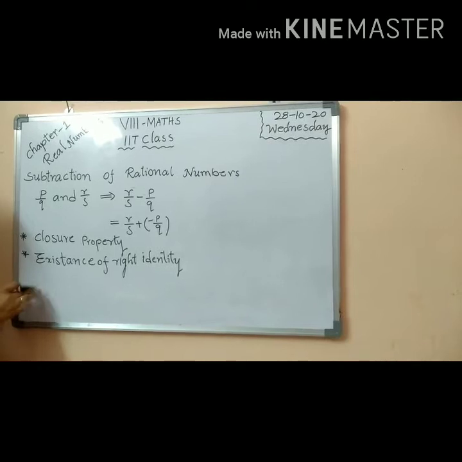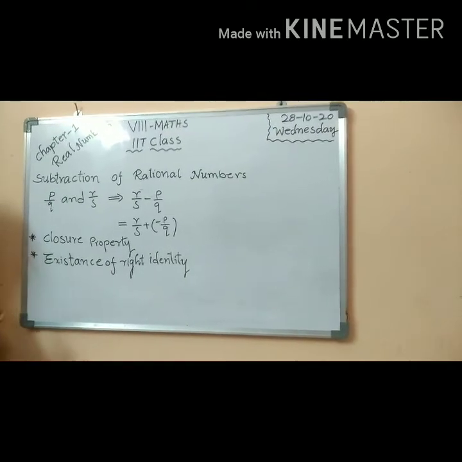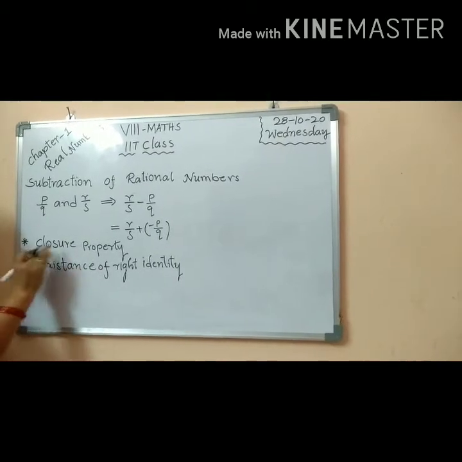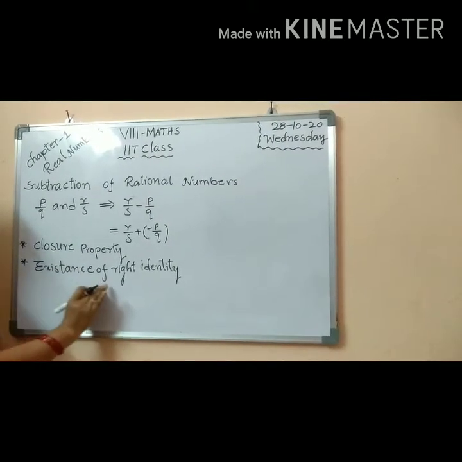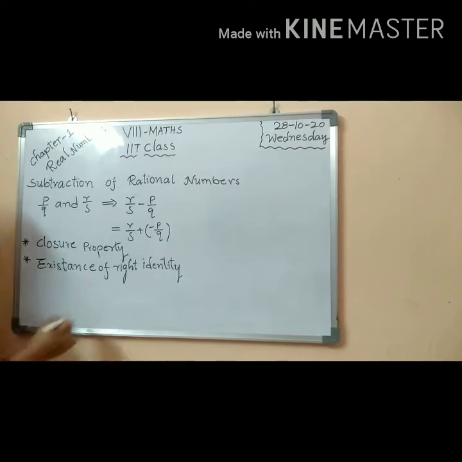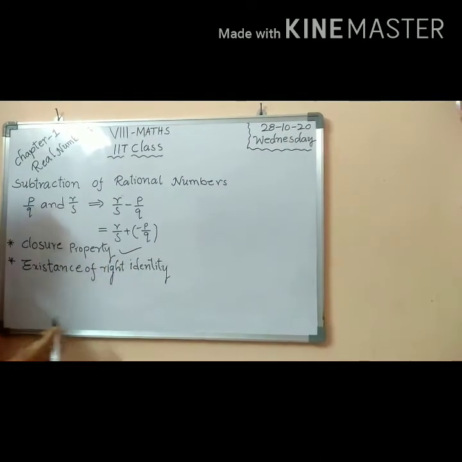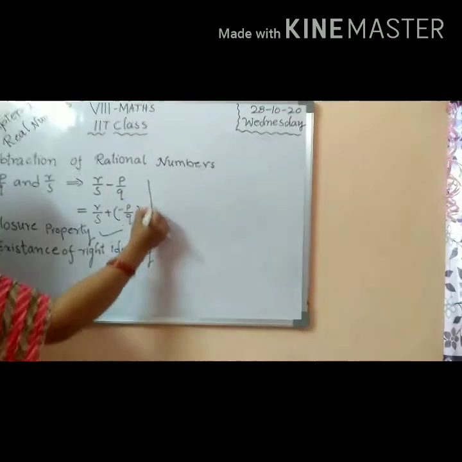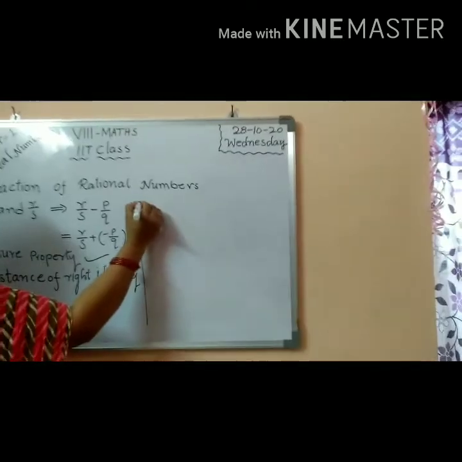We do not find the commutative property and associative property. Under subtraction only two properties are there: closure property and existence of right identity. First let us explain the closure property.